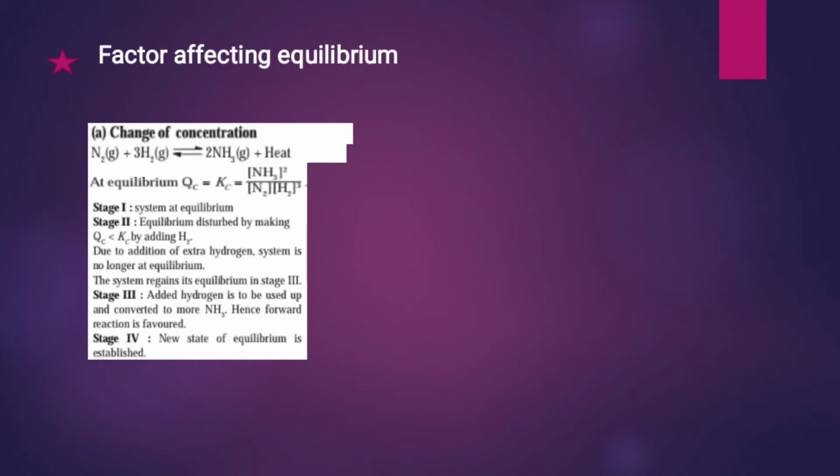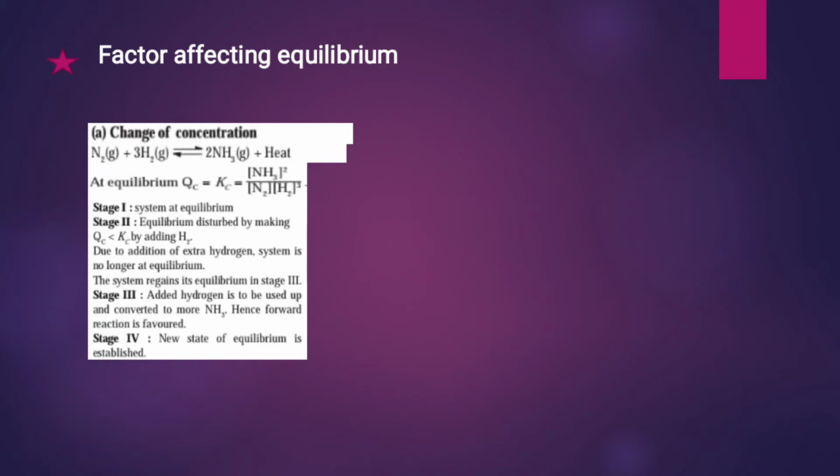Now at equilibrium, Qc will be equal to Kc, that is concentration of NH3 raised to the stoichiometric coefficient 2, upon concentration of N2 with stoichiometric coefficient 1, and concentration of H2 with stoichiometric coefficient 3. Now here different stages are there. In the first stage, the system is at equilibrium.